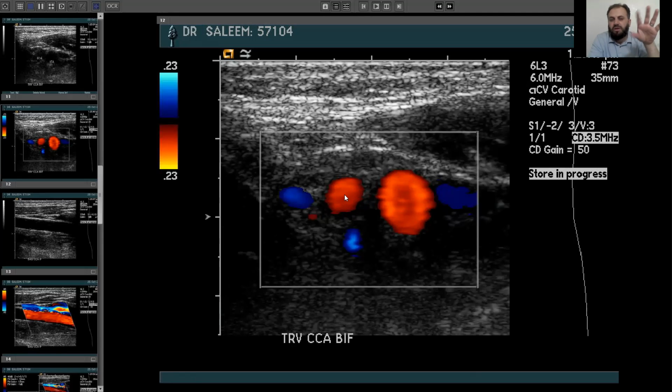So from here, we can state a few differential diagnoses between the ECA and ICA. My ICA diameter is wider and bigger, and the ICA has no branches extracranially. The first branch is the ophthalmic artery, which is inside the brain.